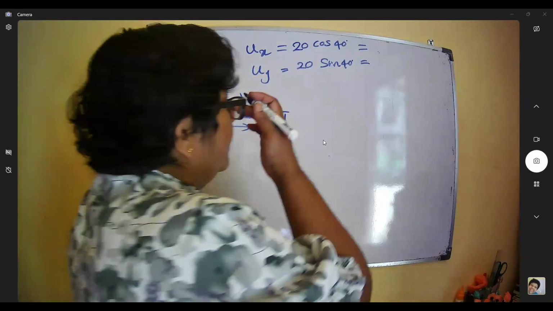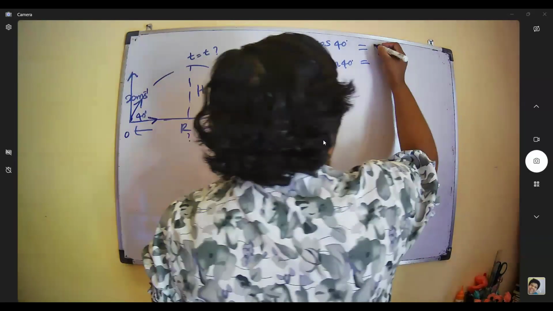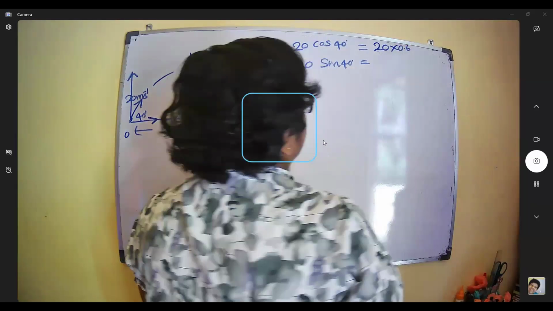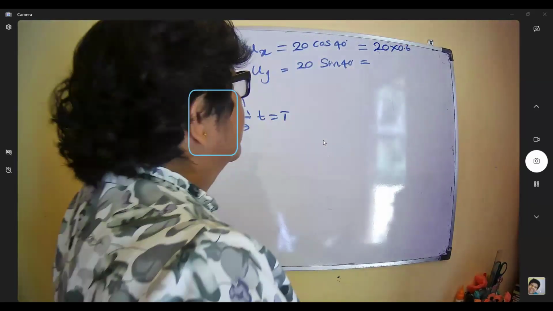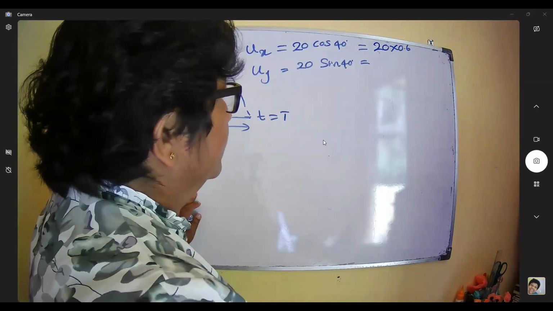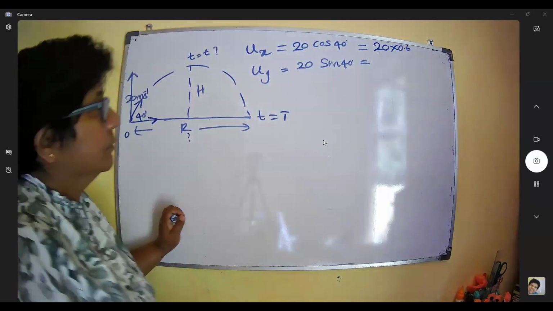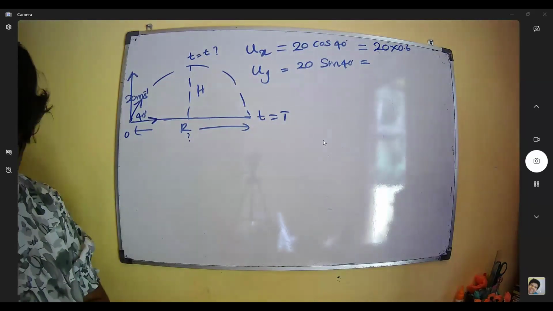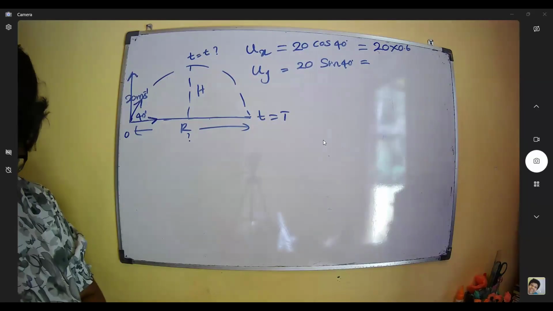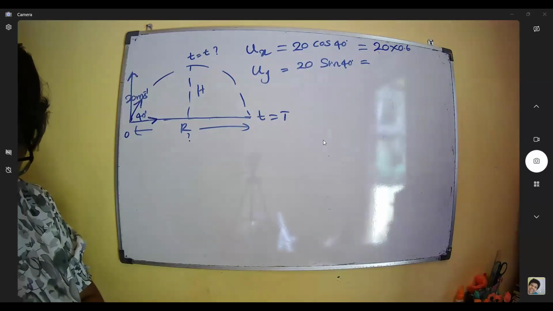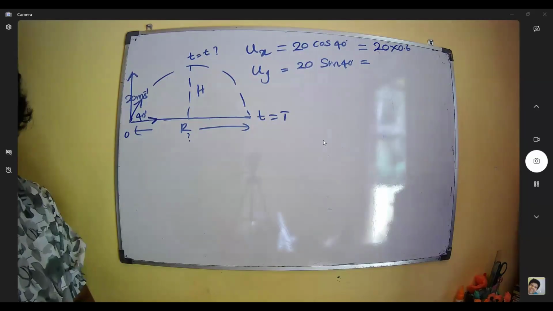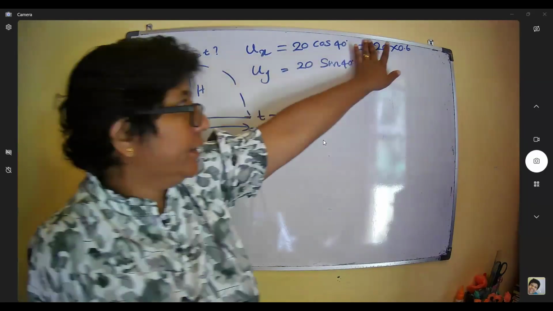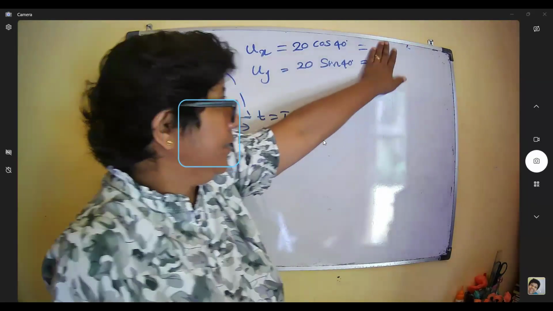You can check it. And we can take Ux and Uy. Just check the value of cos 40. Right. Then how do we find the t value? The answer can be taken from Ux and Uy. Then you can calculate it.